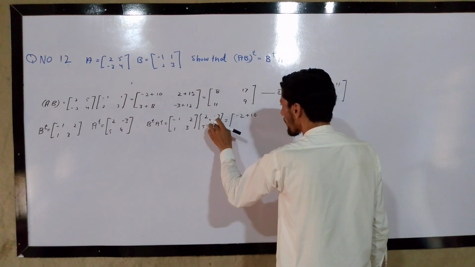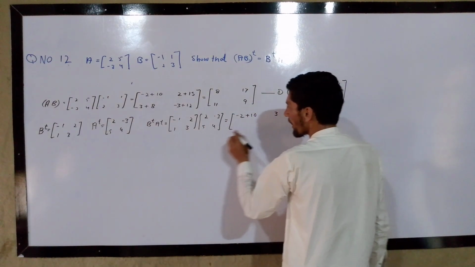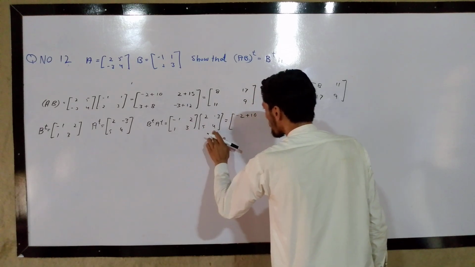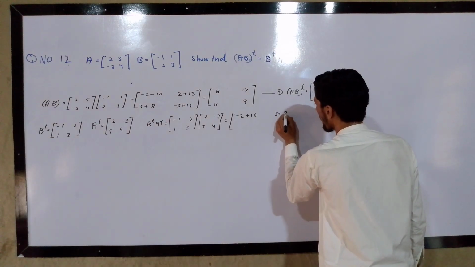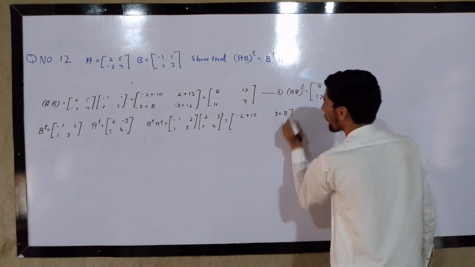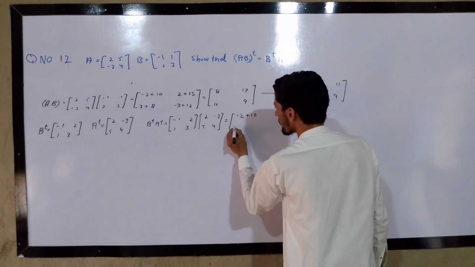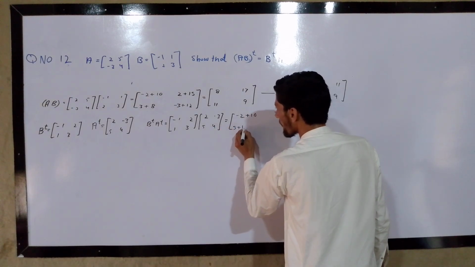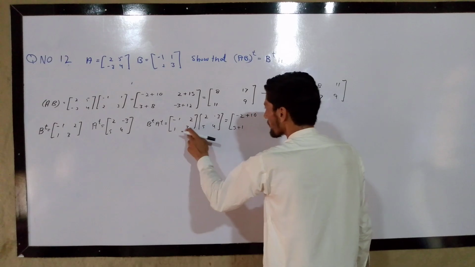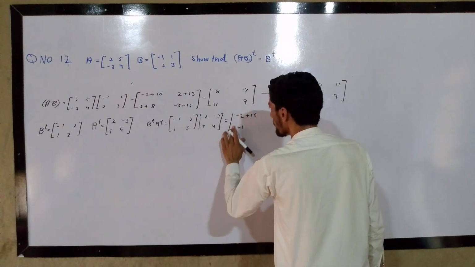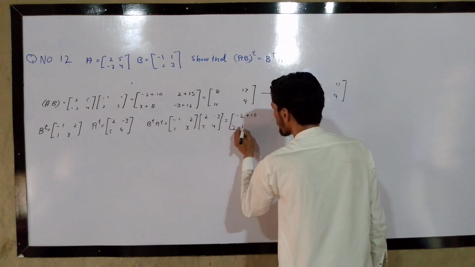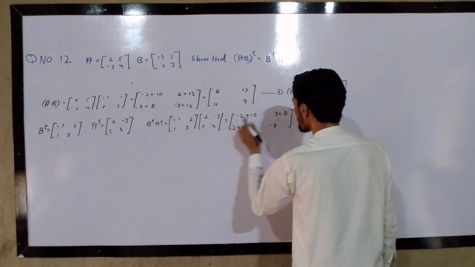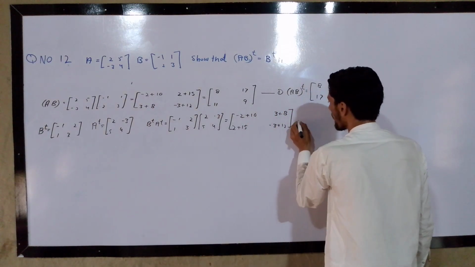Now -1 with -3 is 3, and 2 with 4 is 8. 1 with 2 is 2, and 3 with 5 is 15. 1 with -3 is -3, and 3 with 4 is 12. Right? Let's check it.